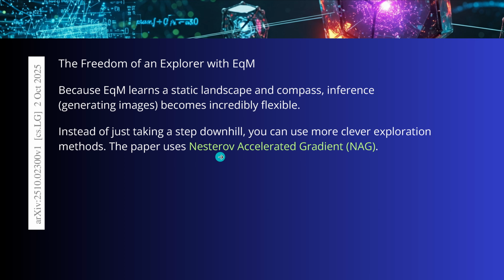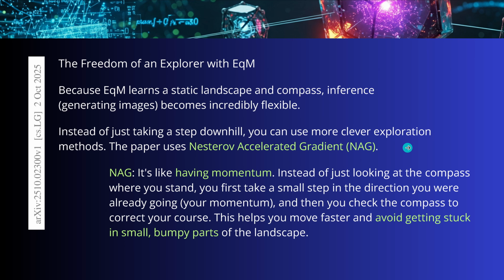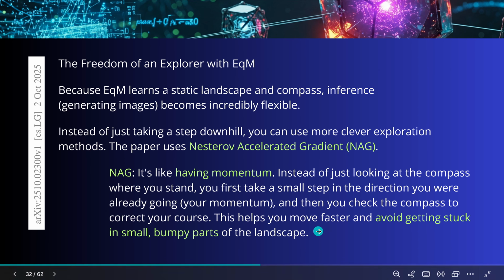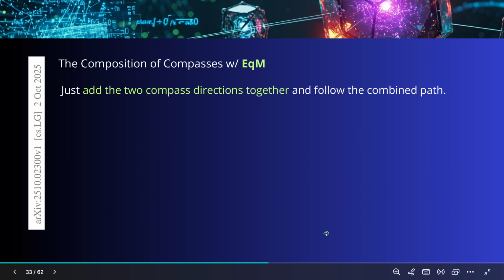And maybe you know a Nesterov accelerated gradient here with having a momentum, and you can imagine here the acceleration. And also it avoids getting stuck here in these small local minima, these small bumpy parts here in the energy landscape that we have to pass to go here to the local or absolute minimum.